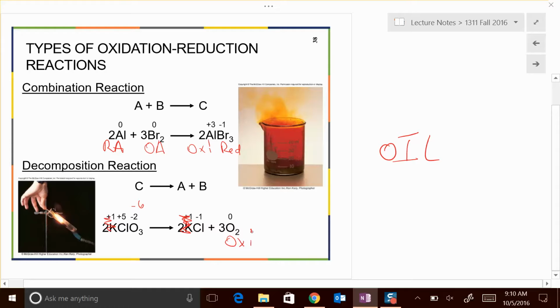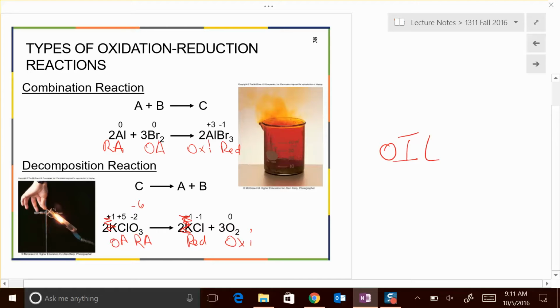It lost electrons. What gained electrons? Chlorine gained electrons. How many electrons did chlorine gain? 6. It went from +5 to 0 by gaining 5, and then to -1 by gaining 1 more, right? So it gained 6 electrons and was reduced. What is the reducing agent? Oxygen is the reducing agent. Chlorine is the oxidizing agent.